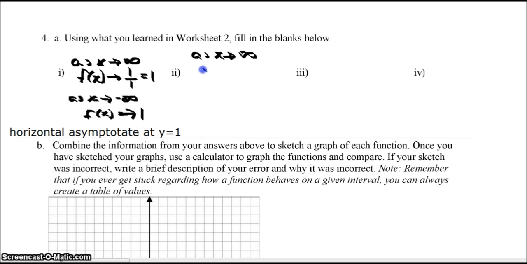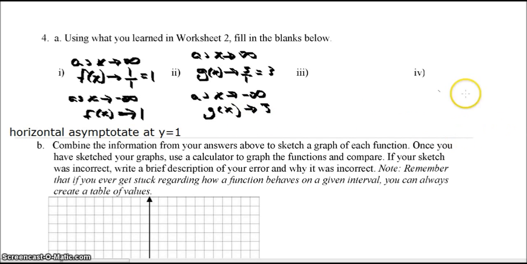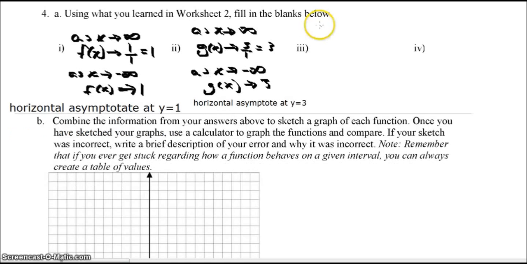It is g of x. G of x goes to 3 over 1, which is 3. And then you could use your calculator and note that as x goes to negative infinity, g of x also just goes to 3. And so we have a horizontal asymptote at y equals 3.